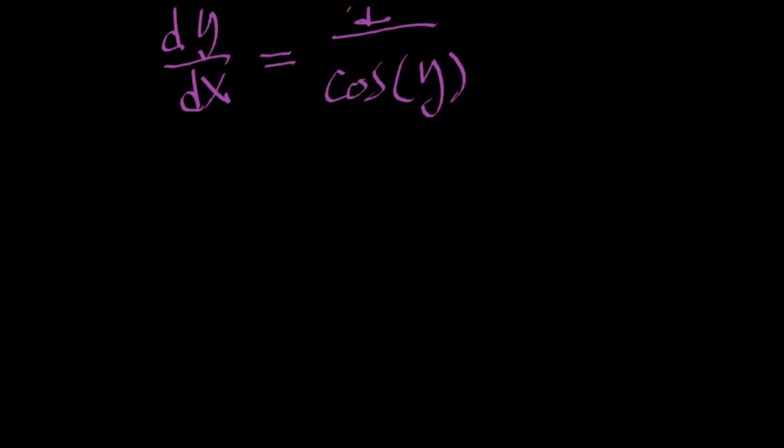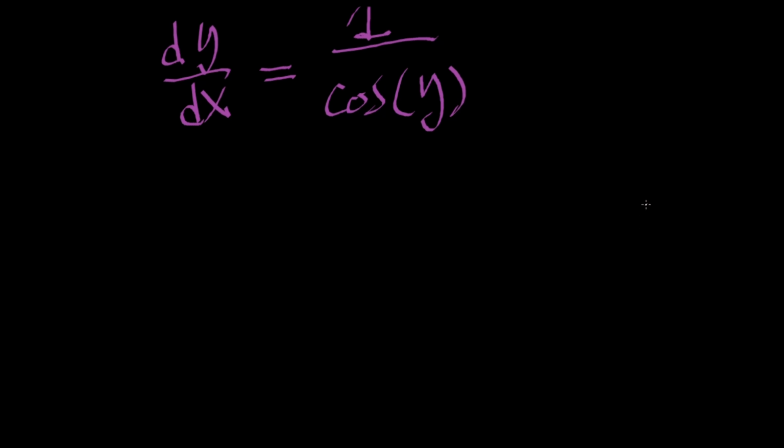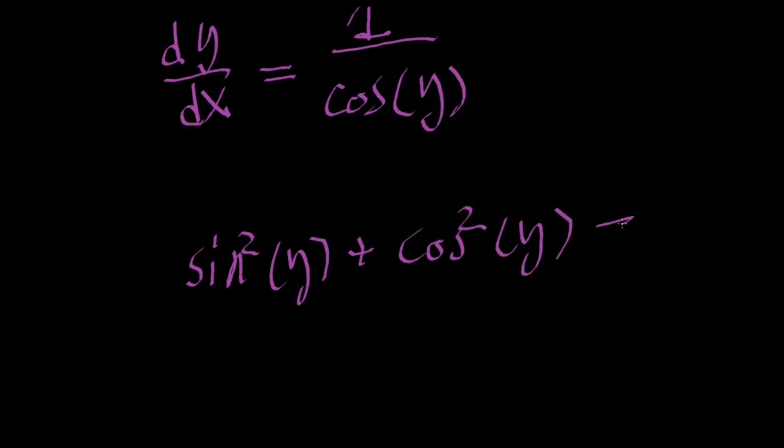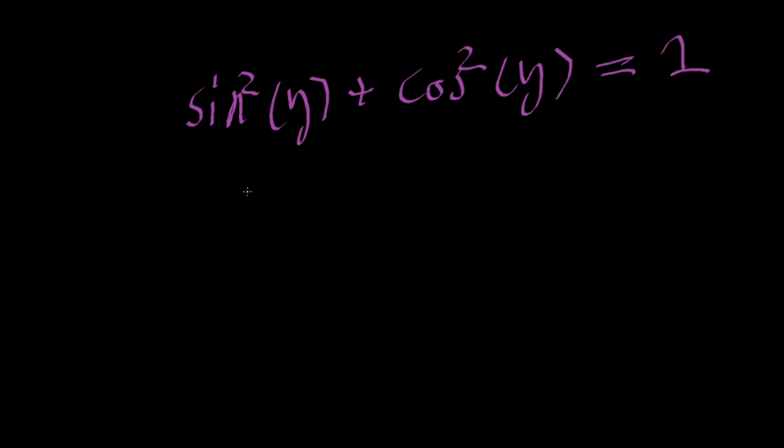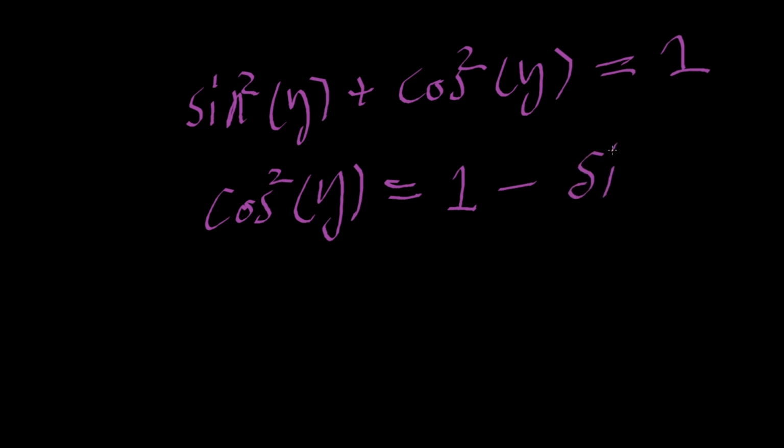And now I will use the trigonometric Pythagorean identity again. So if we know that sine squared of y plus cosine squared of y is equal to 1, then cosine squared of y will be equal to 1 minus sine squared of y.